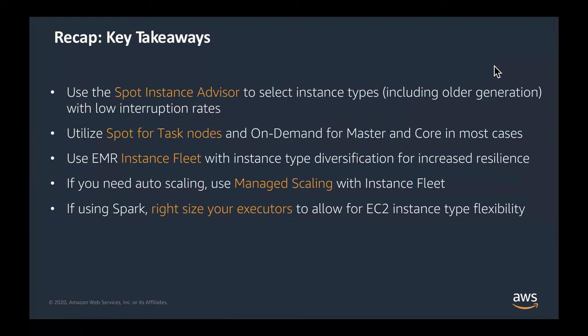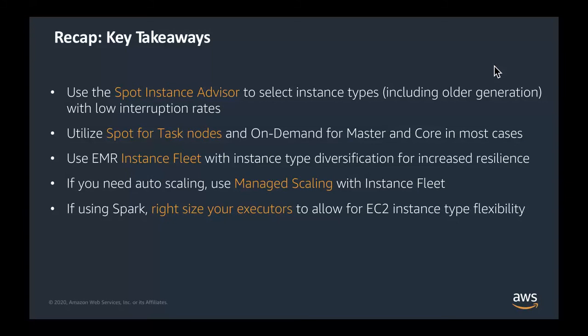So again, look at the Spot Instance Advisor to get a sense for the instance types, and you still need to diversify. You don't want to go with just one, but at least it'll give you a collection of instance types. And then number 2, utilize Spot for task nodes. We talked about that. And then probably the key is really using EMR instance fleet, because that will help you diversify along the Spot instances.